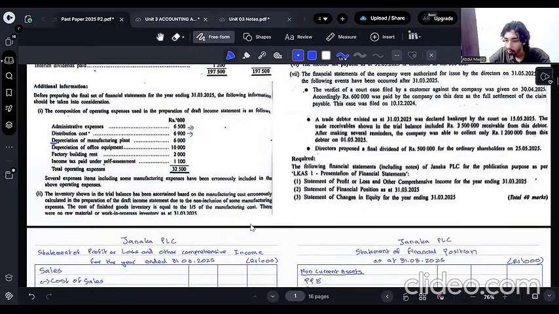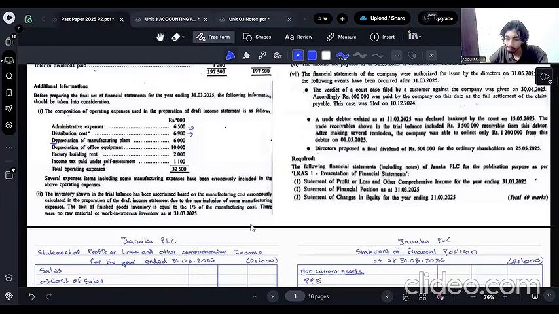Now, production overheads are recorded in the manufacturing account. After that, the total production cost will be taken to cost of sale, right? In a manufacturing business, you will not have purchases. Instead, you will produce the goods yourself, and the production cost you will take to your cost of sale, right?